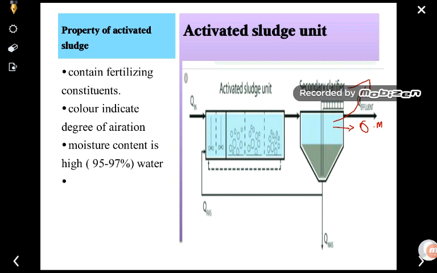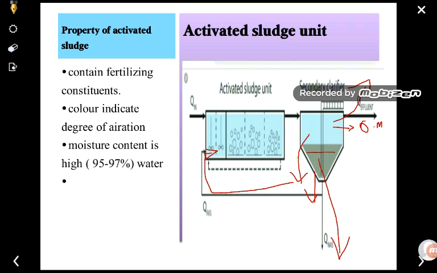And a portion of the settled sludge is then sent to recirculation and the remaining part is sent to the sludge digester tank. Some part is normally sent to the sludge digestion tank or to a dryer, and the rest of the part is sent back to the activated sludge unit so that this process will continue.